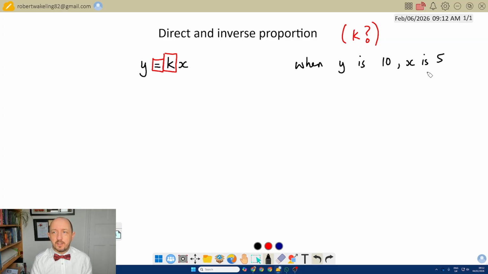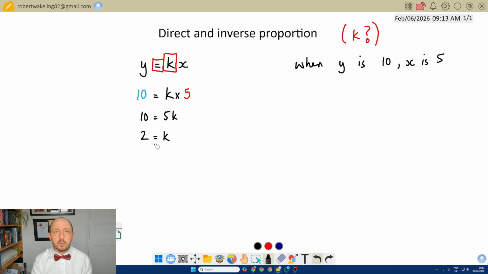But whatever those numbers are, we substitute into our equation. Y is 10 equals k times x, which is 5. Essentially, we have 10 equals 5k. So we can divide both sides by 5 to work out k, and we get 2.